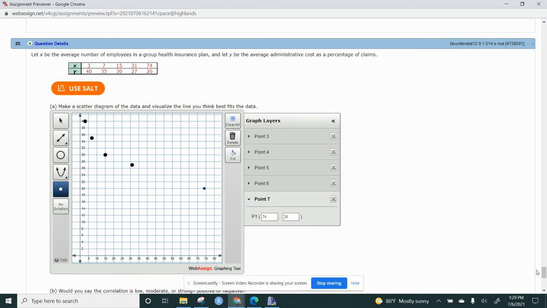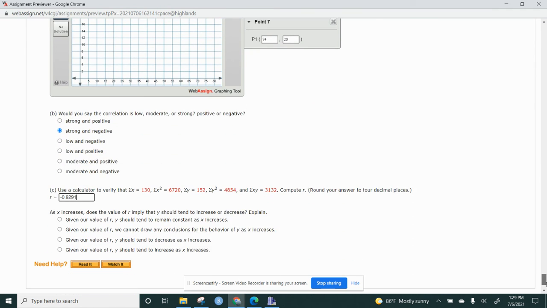Y is the average administrative cost as a percentage of claims. When you get more people, that's going to decrease. Remember, this is people as it keeps going bigger, and then costs are decreasing. Sometimes in health insurance, if you have more people on your plan, they give you a better deal. So this is it. Y decreases as X increases. Okay, and that's how to do number 20.